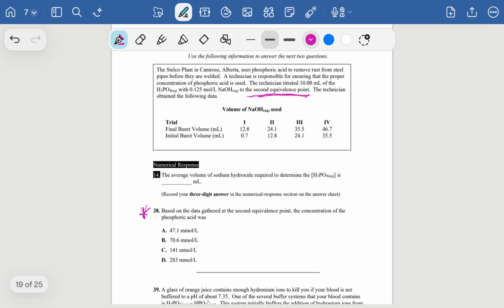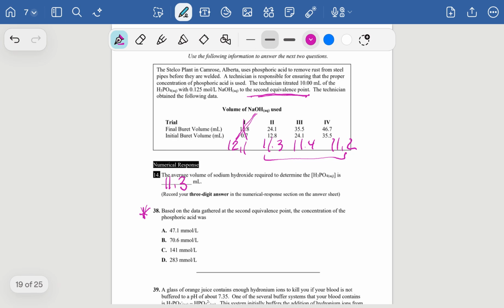So when your titration ended, it's just finding that average volume. The first one gives us 12.1, and then we have 11.3, 11.4, and 11.2. So we're not going to include the first one because it's out of range, and then we'll take the average by adding the other 3 up and dividing by 3, and you'll see your average volume is 11.3.